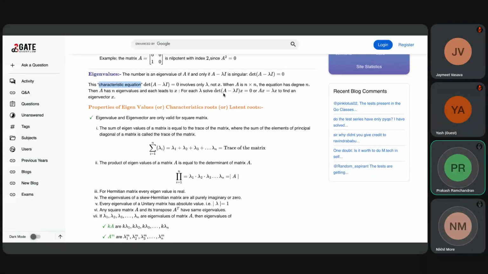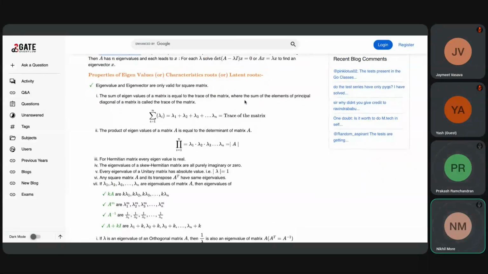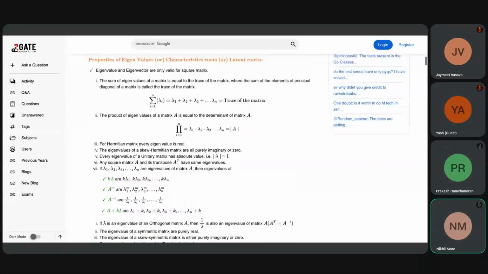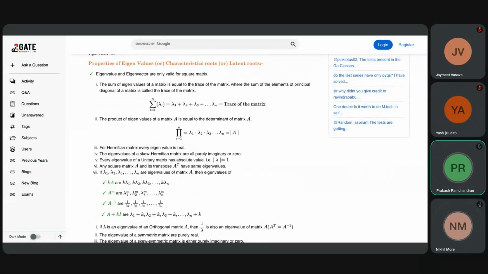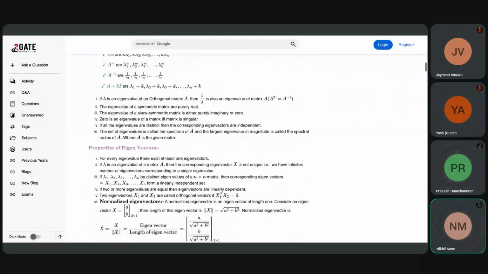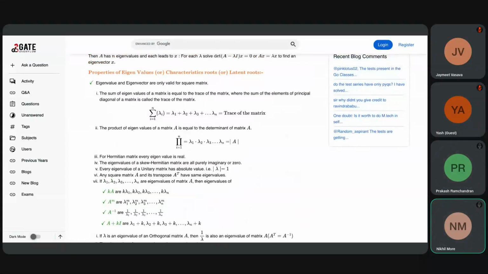When we solve the first question, it will be more clear. These are some rules we need to keep in mind, but I don't think it is critical here for the GATE solution. So we could just start with the sums and tackle the properties as they come across, right? Yep.